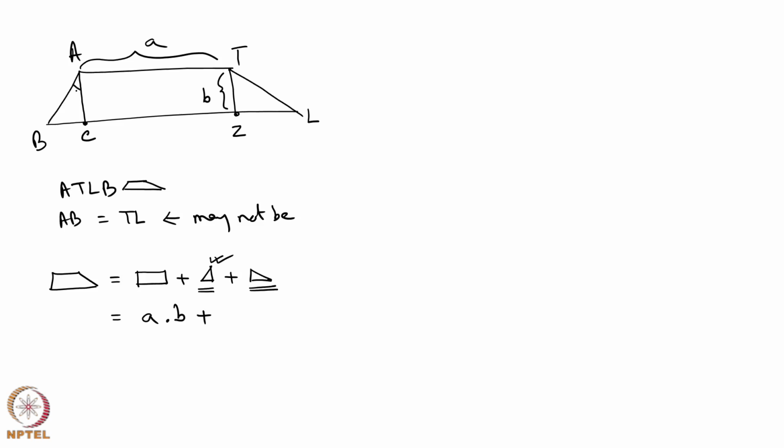Triangle ABC's area is given by half AC multiplied by BC, and the area of this triangle is given by half TZ multiplied by ZL.